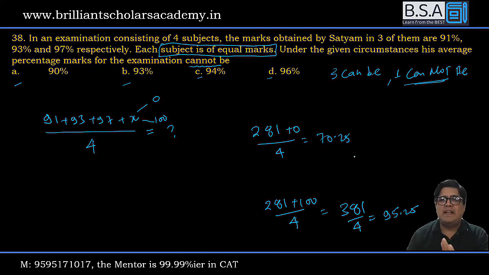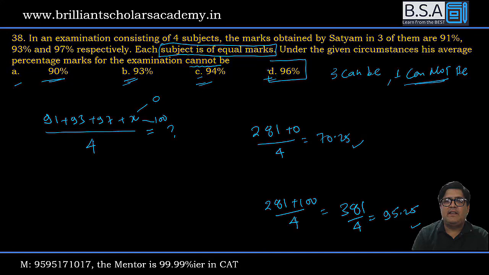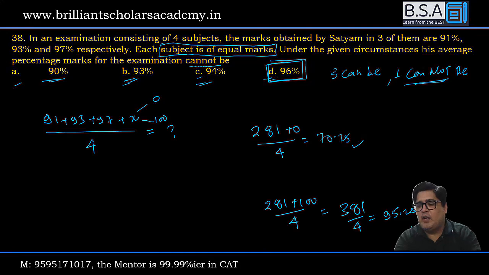So any percentage is possible between 70.25 and 95.25. Which of these numbers is outside the range? Answer option D. Which of the following cannot be the score? A score of 96 cannot be there.